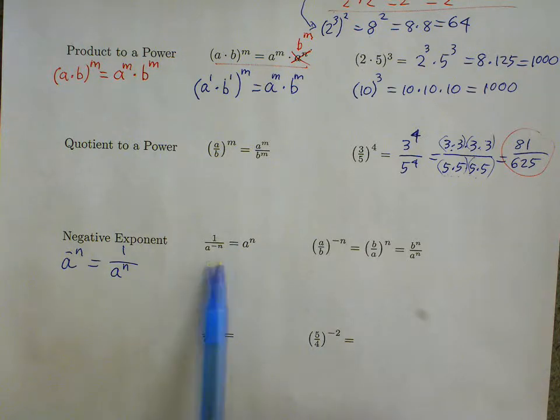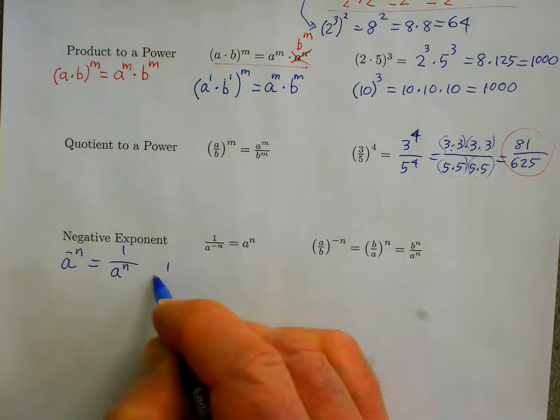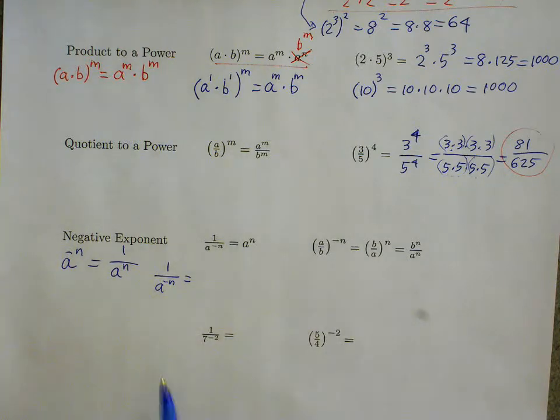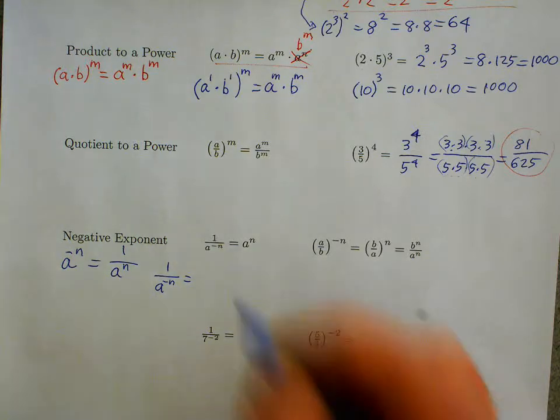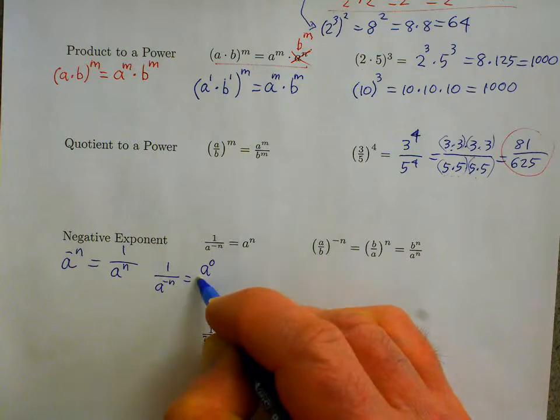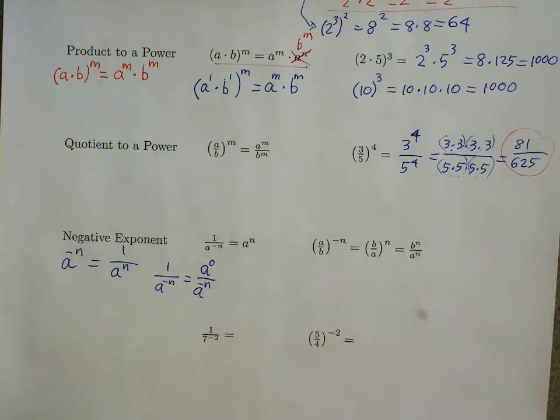So we can prove this in a couple of steps. If I start with 1 over a to the negative n, just like we did earlier, what's another way to write 1? A to the 0, so a to the 0 is equal to 1. So a to the 0 divided by a to the negative n.